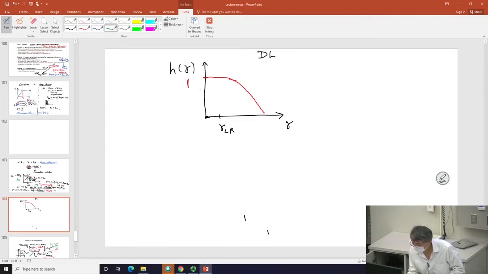For a different system, you could be getting a different result, like this maybe. But let's talk about the important part of it.